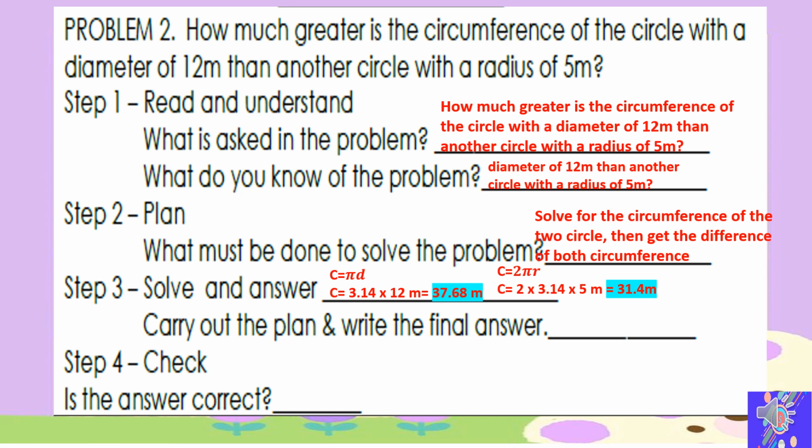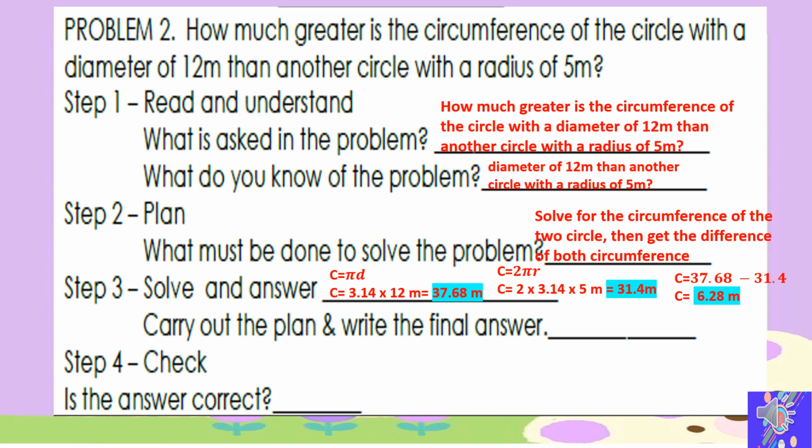Okay, so what is next? You have to subtract the circumference of the first circle and the circumference of the second circle. The circumference of the first circle is 37.68 meters, and the circumference of the other circle is 31.4.